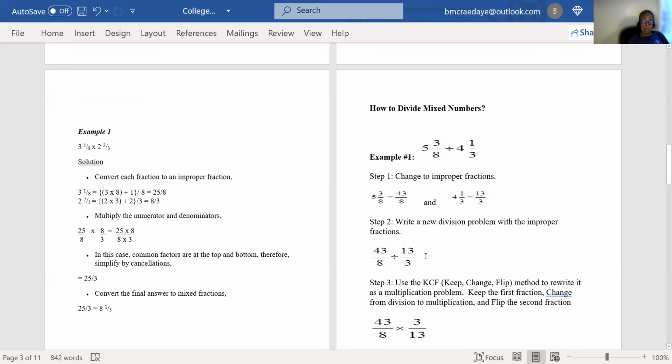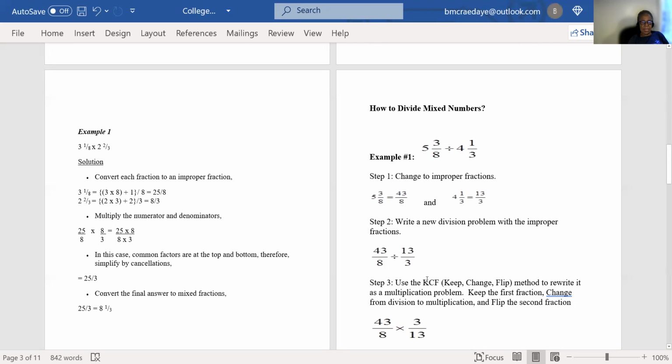Now the rule when you're dividing fractions: you flip the divisor. That means you invert it. 13 over 3 becomes 3 over 13. So you keep the first fraction, and you change this, I'm sorry, you change your operation from division to multiplication, and then you flip the divisor.